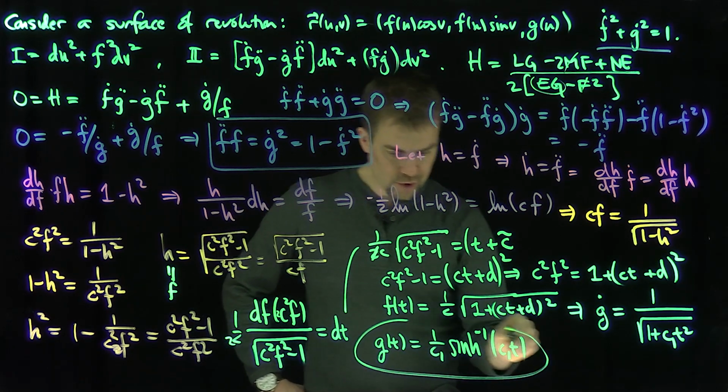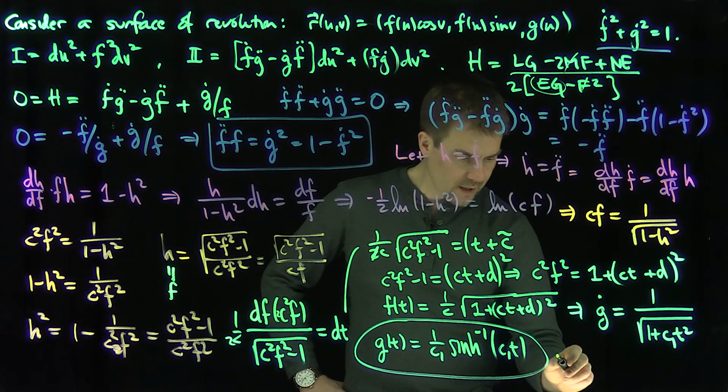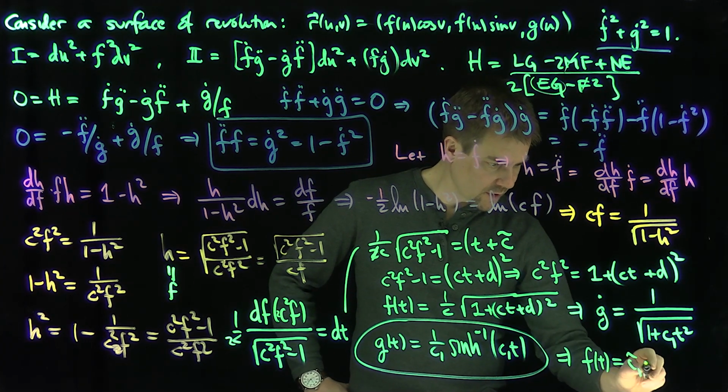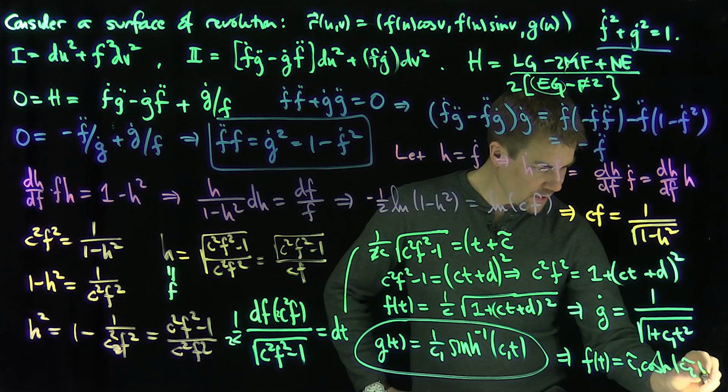And if this is my formulation for g, then by taking the inverse sinh of this thing, we're able to conclude that f of t has to be a multiple c1 tilde times the cosh of c2 tilde t.